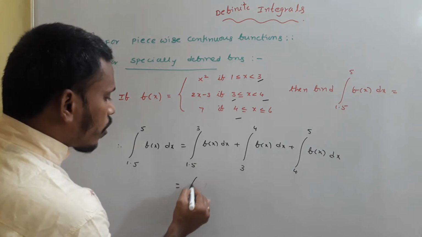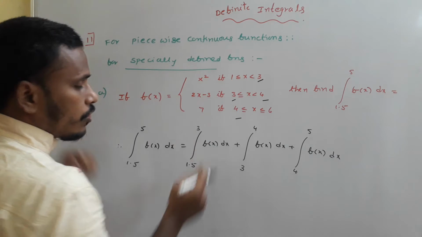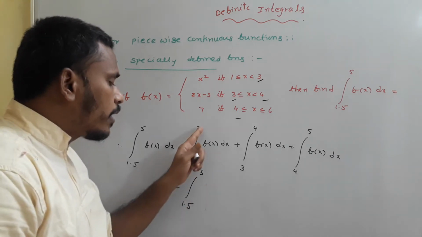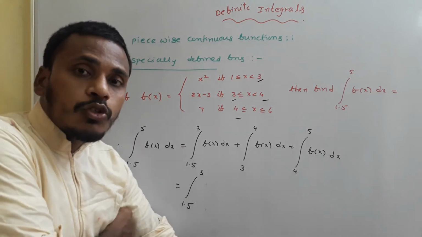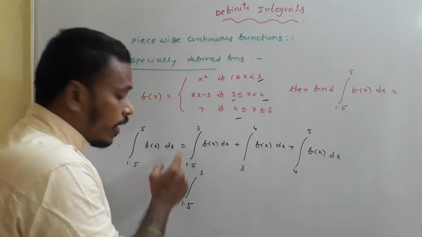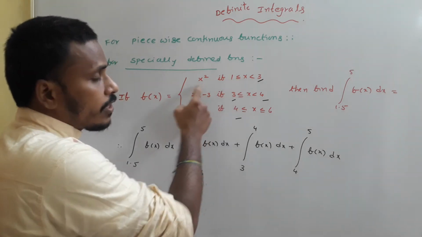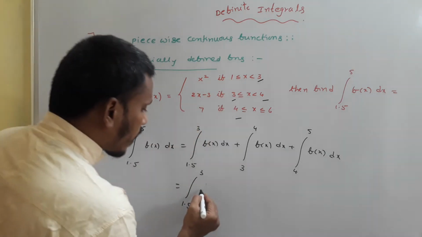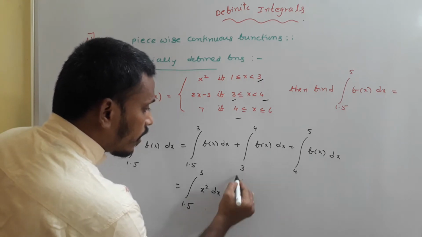So this is equal to integral 1.5 to 3. What is f of x in this region? If the limits are from 1.5 to 3, it means x values are in between 1.5 and 3. Between 1 and 3 the definition is x square, so here we need to take x square dx plus integral 3 to 4.